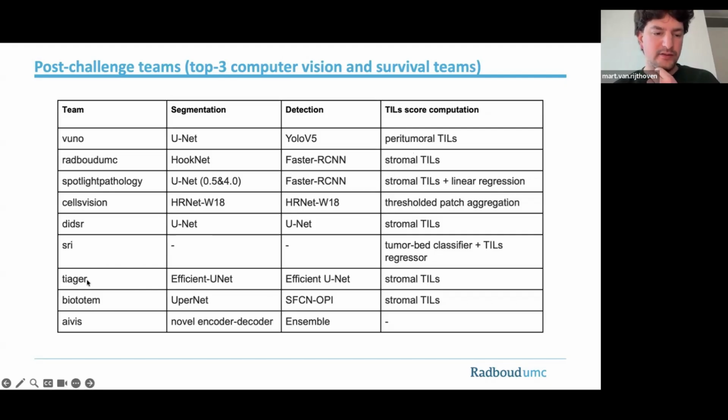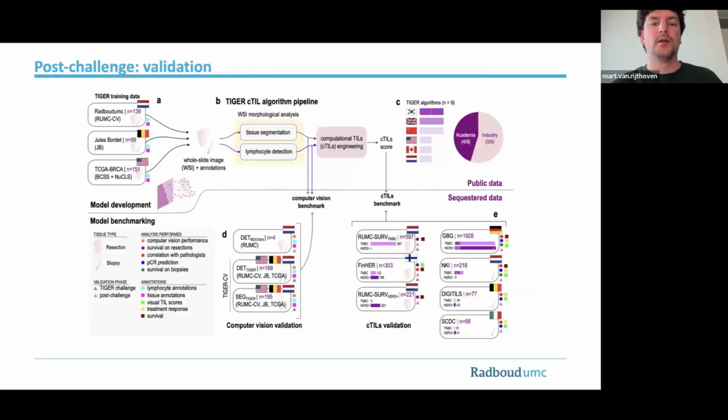One reason could be that Tiger and Biototem, maybe the extent of the border might have influenced their scores in the survival leaderboard. But as we will see also in the post-challenge analysis, they are actually scoring pretty similar to the other models. So here you see an overview. The upper part I already presented.